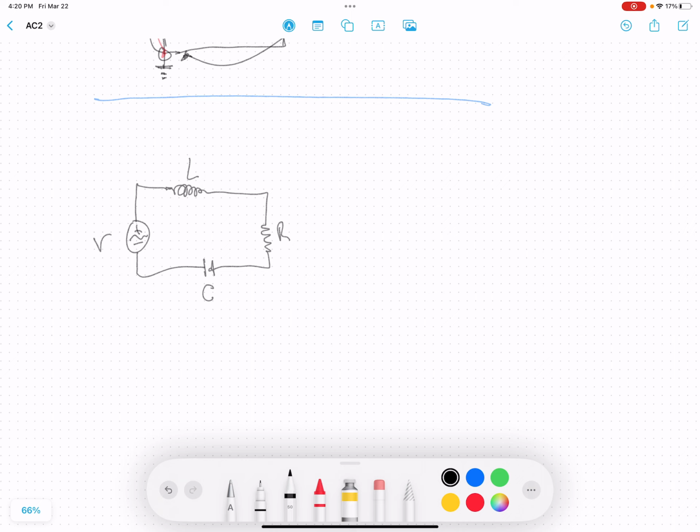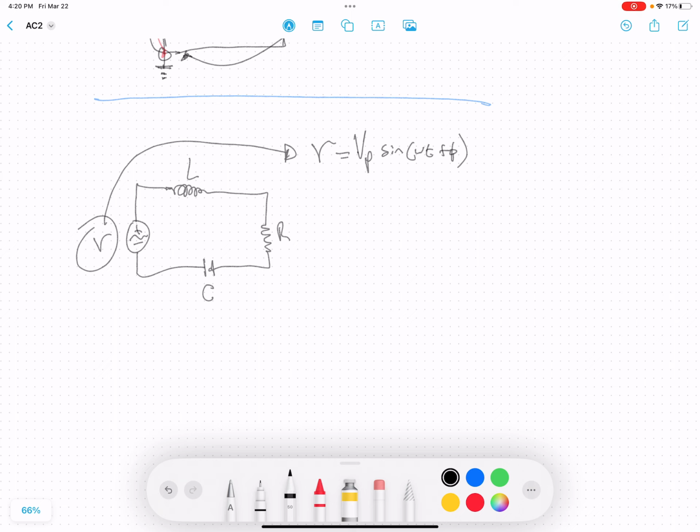And the one thing we need to keep track of is that this V is not just some number. Now it's an expression that changes over time. So we're going to define this as some peak voltage times the sine of omega t, and we can put a plus phi there.